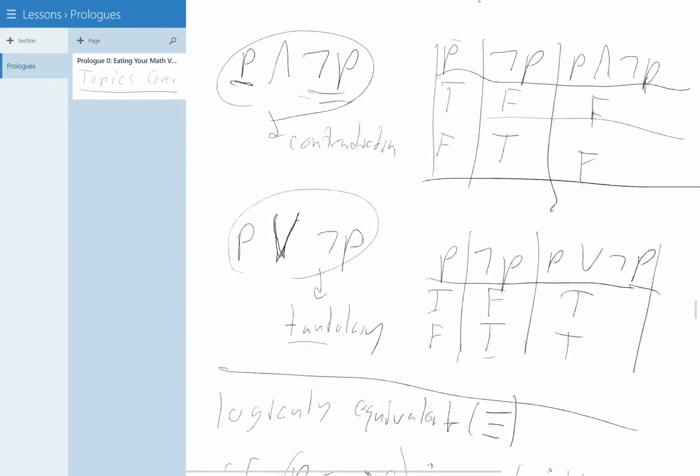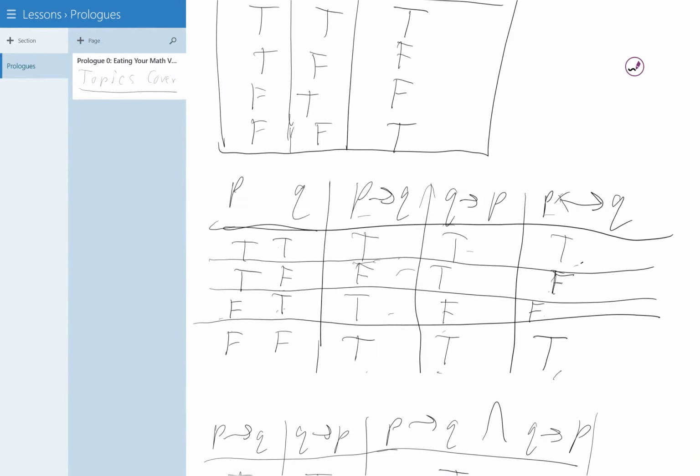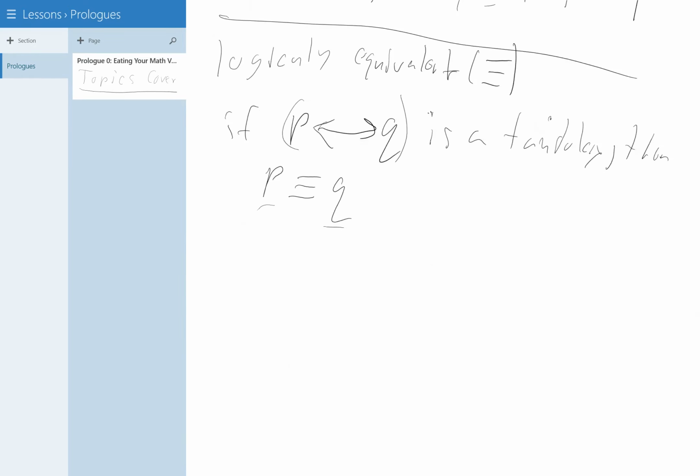You go to the P implies Q truth table and look at the cases where they're true, those two cases. You notice that P has the same truth value as Q in both of these cases. So P is logically equivalent to Q. You should always play around with these when people give you definitions, and make sure they match up like that. So that's cool.